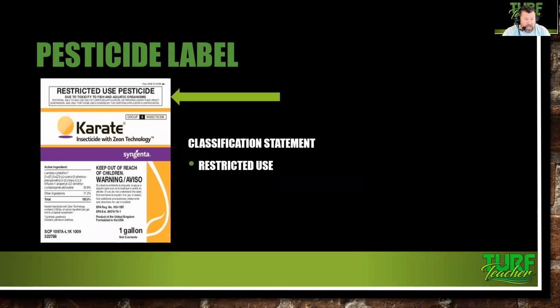Here we have Karate, and it is a restricted use, and that is your classification statement. You think that if it was a restricted use pesticide, it might say danger or warning instead of just warning. But it's restricted use because of the toxicity to fish and aquatic animals that it can harm. And that's why they've deemed it a RUP.